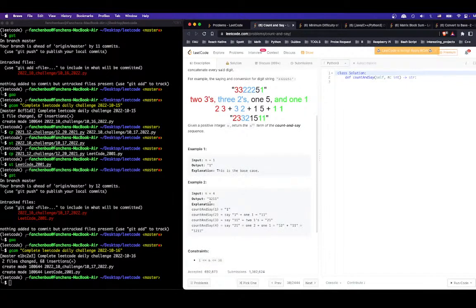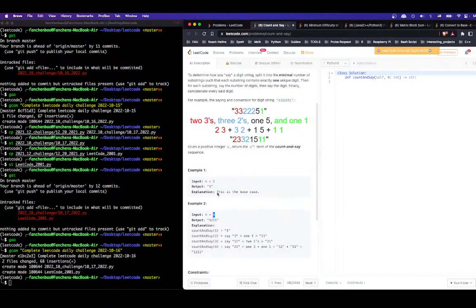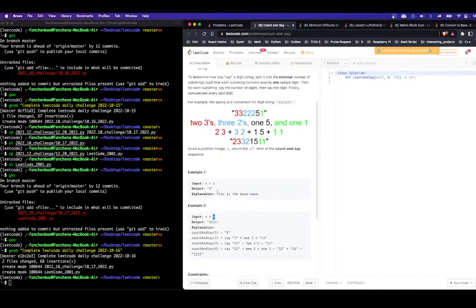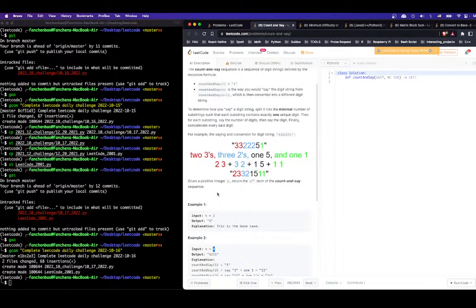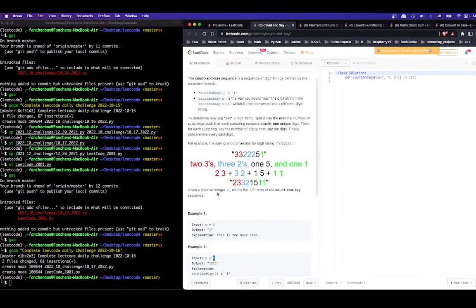What do you mean by nth term? So this is n is 4. Is the way you would say the digit string from count and say, which is then converted into a different digit string.